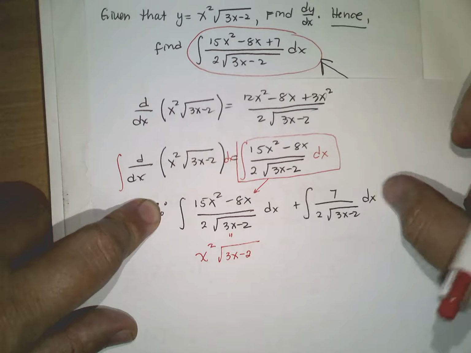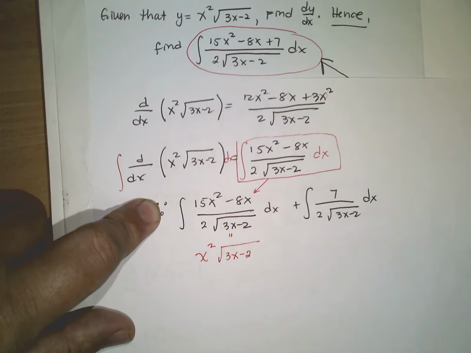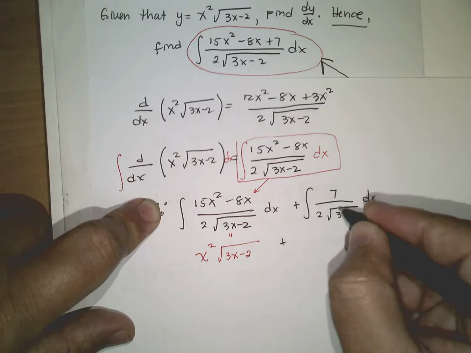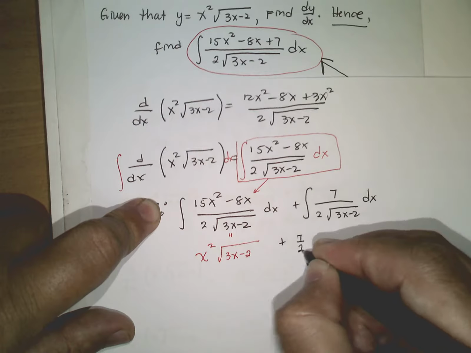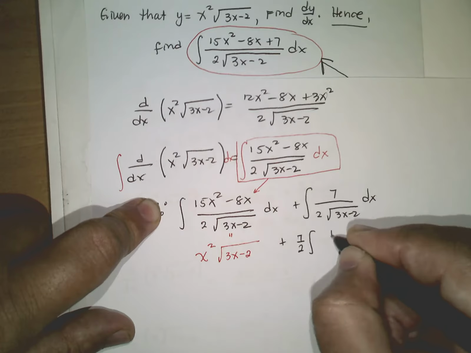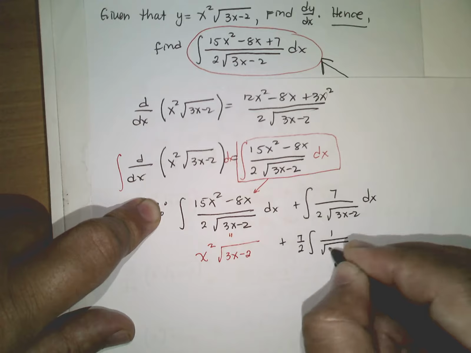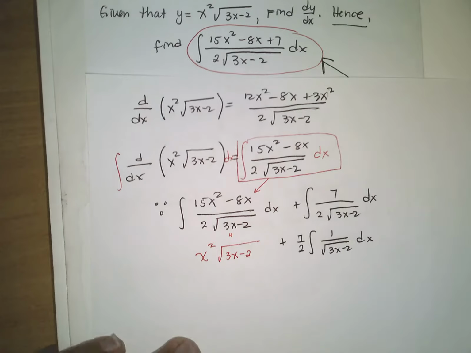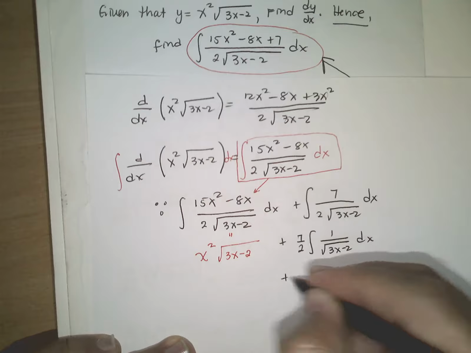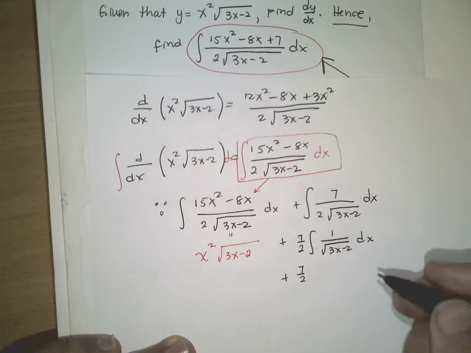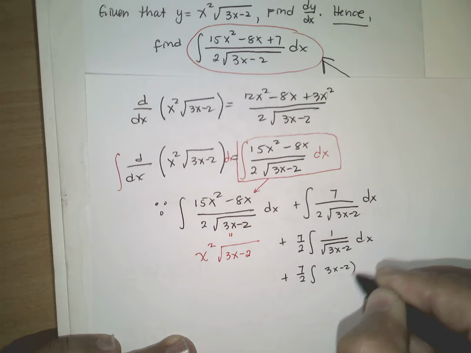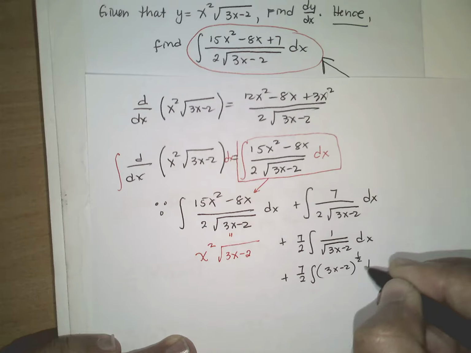Now I can take the integral of this. How shall we take the integral of this? Plus the 7 over 2, I can bring it outside. Integral of 1 over square root of 3x minus 2 dx. But what is this equal to? That's equal to plus 7 over 2 integral of 3x minus 2 raised to 1 half dx.